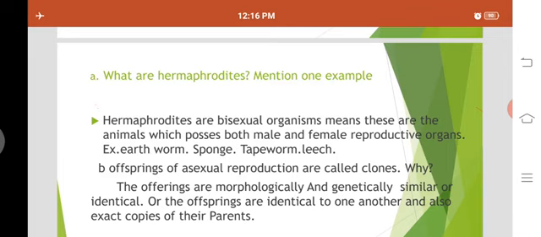In the particular plant, either the male reproductive structure is present or the female reproductive structure is present, any one and not both. Such a condition is called unisexual, also called dioecious, also called heterothallic. Understood?